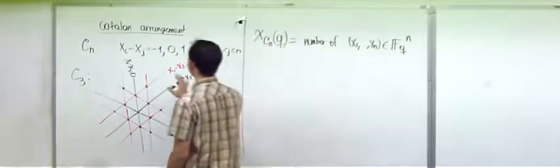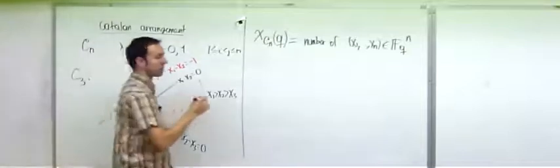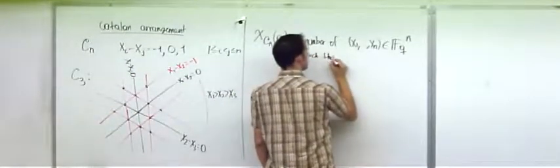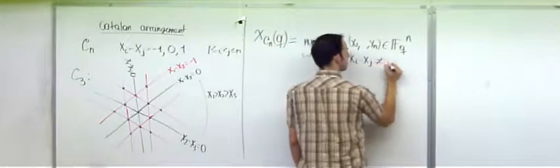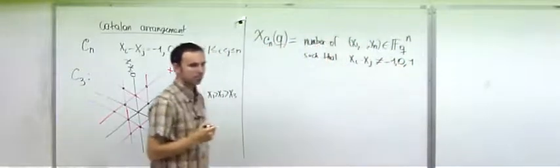In other words, they shouldn't satisfy any of these equalities, right? Such that xi minus xj is never equal to -1, 0, or 1. Okay.